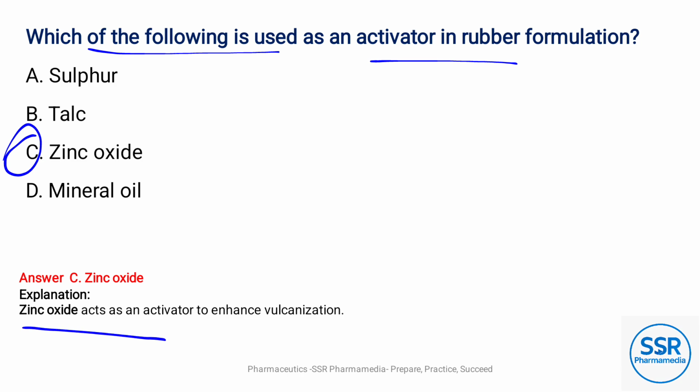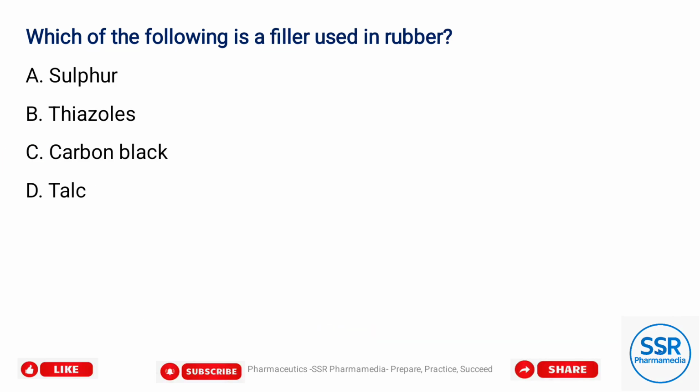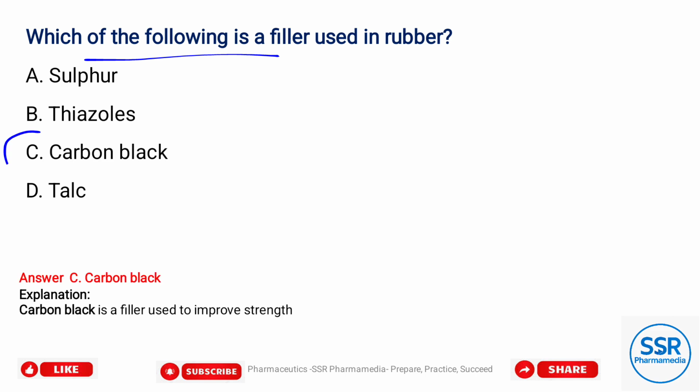Zinc oxide acts as an activator to enhance vulcanization. Which of the following is a filler used in rubber? Option C, carbon black. Carbon black is a filler used to improve strength.